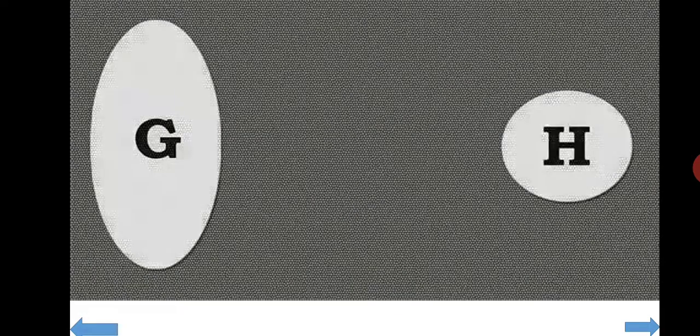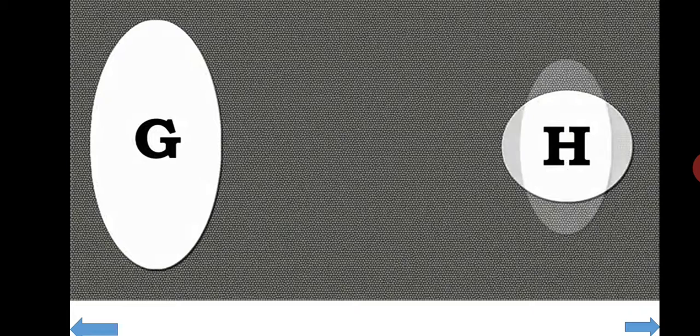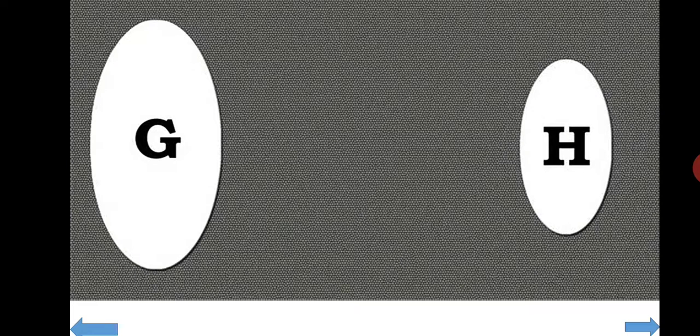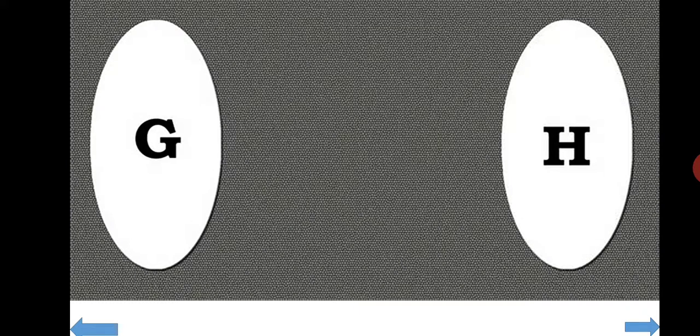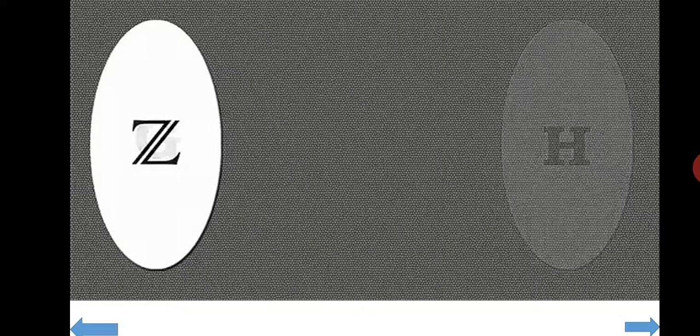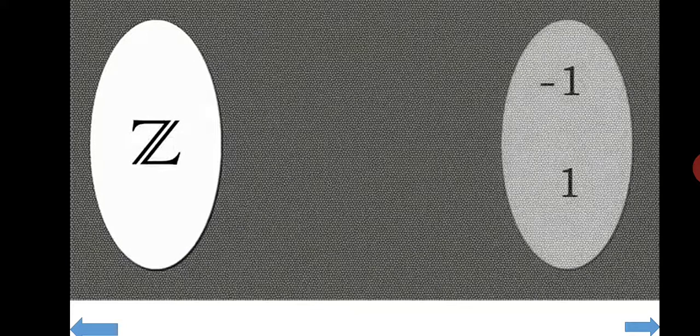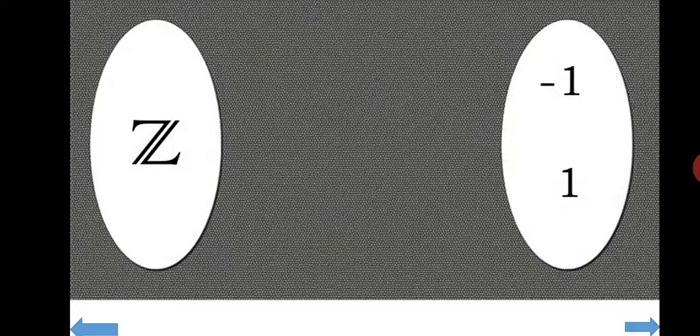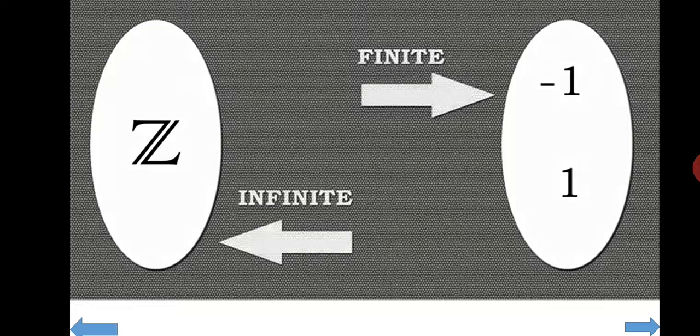In group theory, we can make two completely different groups look similar to each other, or in fact even exactly identical to each other. Let's take two completely different groups, the infinite group of all integers and a finite group containing only two elements, -1 and +1. Since the orders of these two groups are completely different, it looks like there is absolutely no similarity between these two groups.